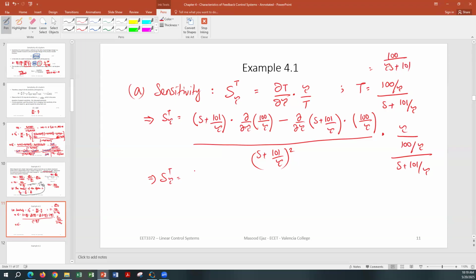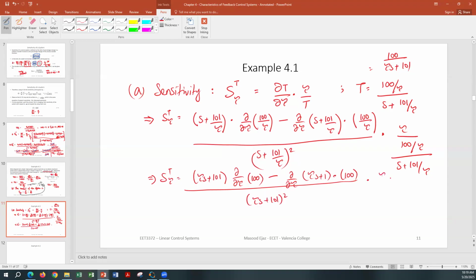Denominator is tau s plus 1. And the numerator is simply a constant, so the derivative of the constant is going to be 0, and this whole term becomes 0, minus derivative of the denominator tau s plus 1 times the numerator, which is 100, divided by tau s plus 1 squared, times tau over T. The derivative of tau s plus 1 is s.